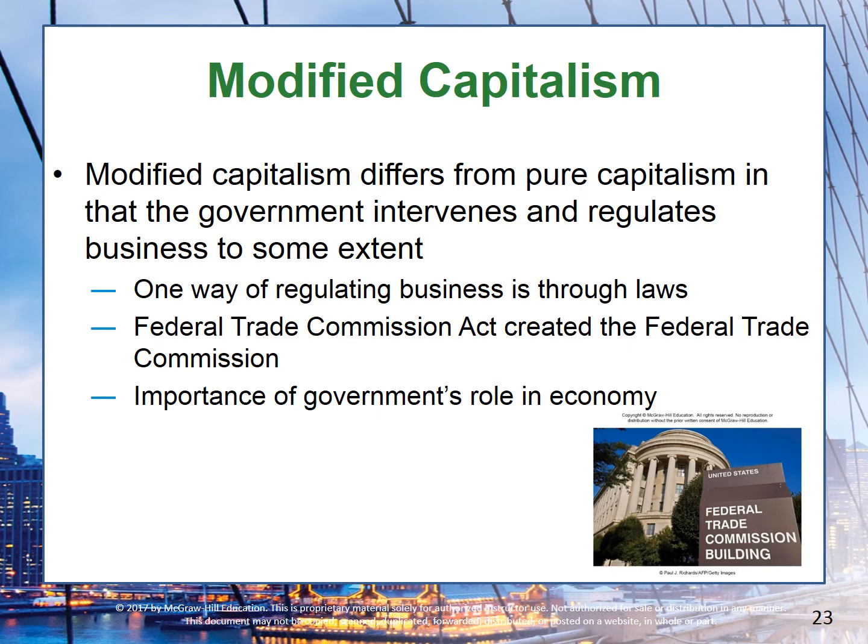And again, we are considered a modified capitalistic government. For instance, we have the Federal Trade Commission Acts where we actually have to abide by government regulations, and it shows the importance of the government's role in our economy.